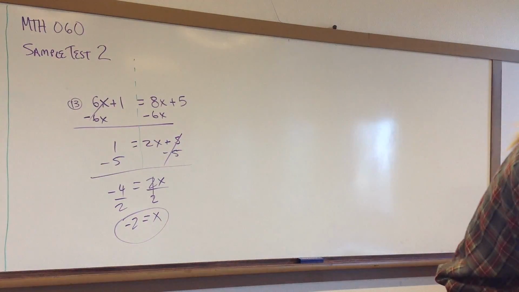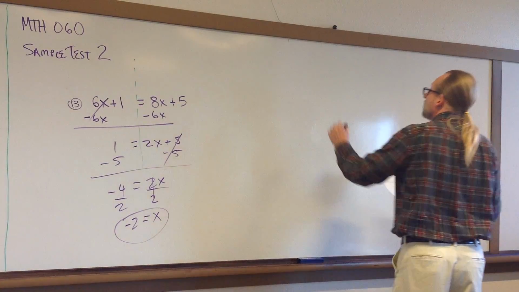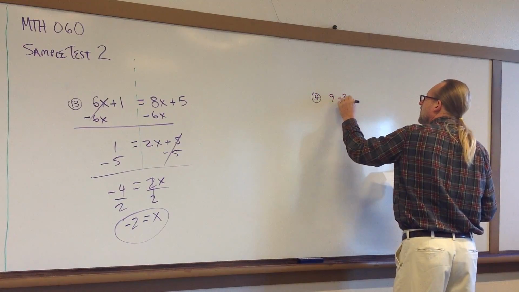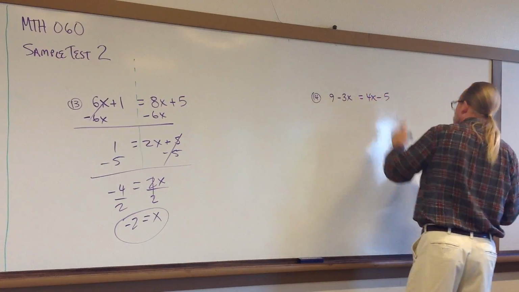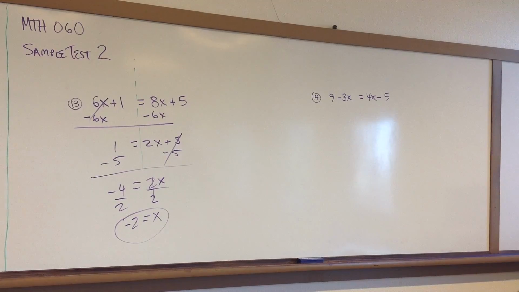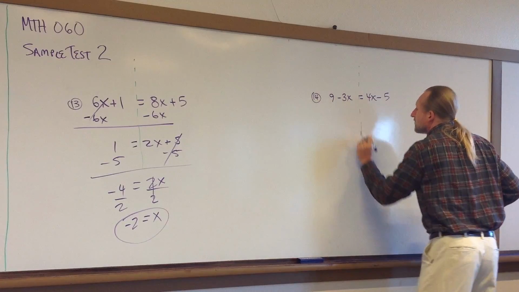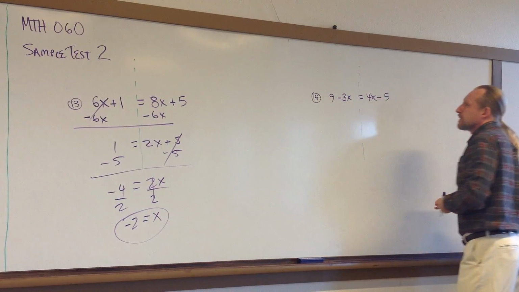Problem 14 is very similar to that. Let's see here. 9 minus 3x equals 4x minus 5. So, a similar process. I'm going to collect these x's together. I'm going to move this minus 3x to be over with the 4x.